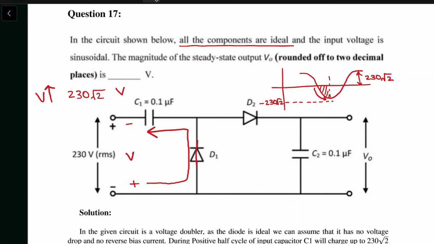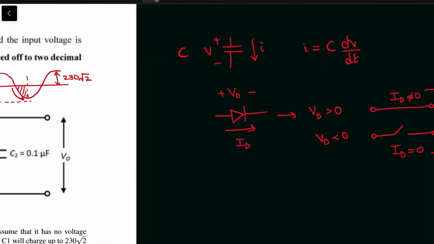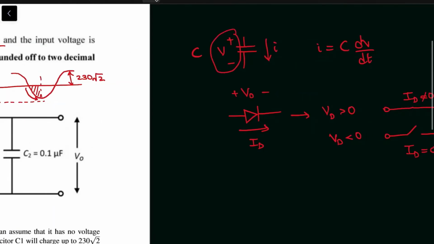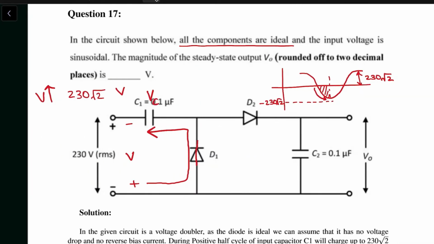And the capacitor will now charge up, because for a capacitor to have positive current like that, if the current is like this, then the voltage polarity is like that. So the voltage for the capacitor Vc1 is actually now increasing because it has positive current.